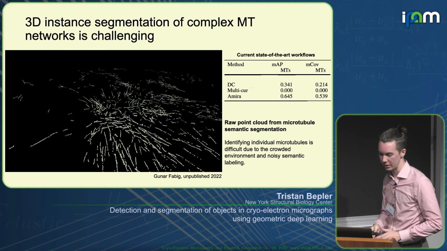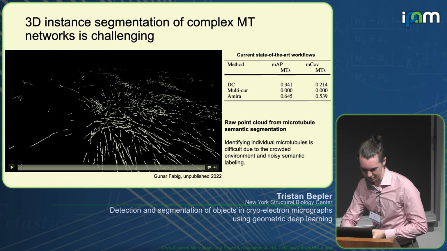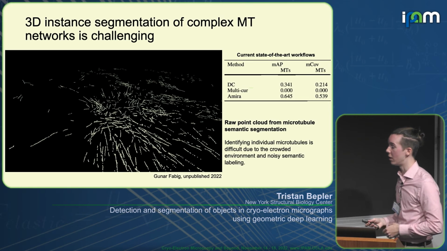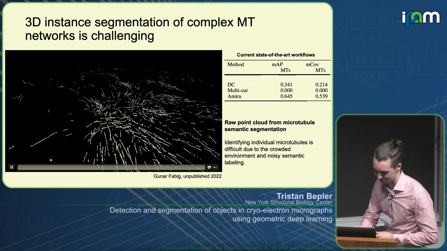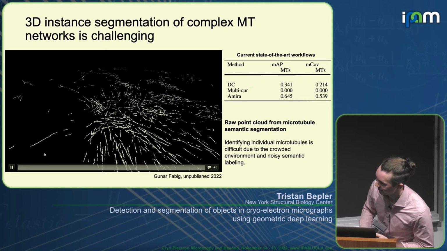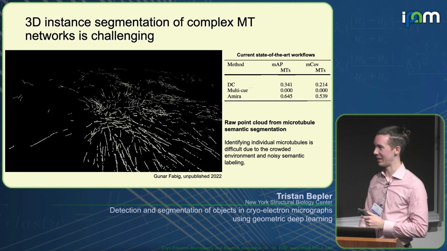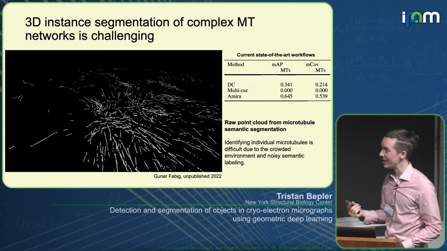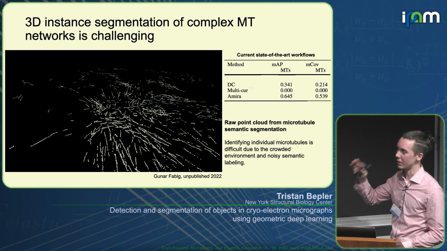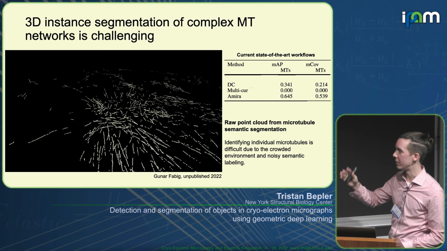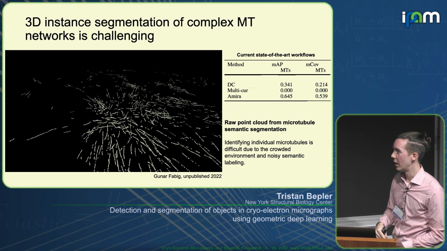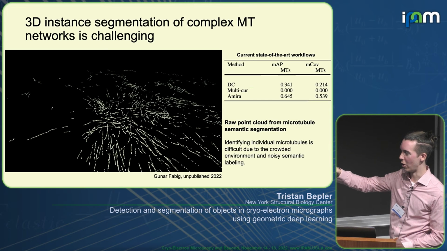And if we look at this in 3D on microtubules, let's see if I can play this video, maybe it will play at some point. Here you can see Amira is the typical tool people would use to label their microtubules. And here's what a raw point cloud would look like.